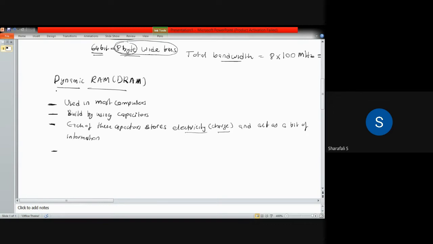Okay, so that point also I will add here. So here the electrical charges in these capacitors will be decreased over time, and the data will be lost.